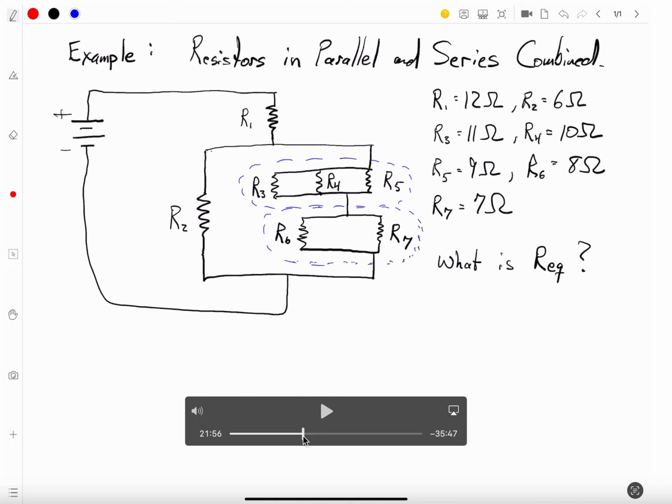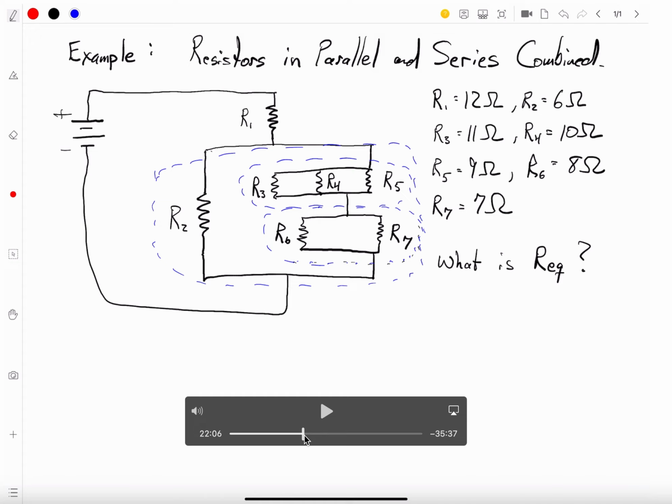So here we go. We've got R3, R4, and R5 that are going to be one R_EQ, R sub 3-4-5, or R3 to 5, whatever I wrote, I can't remember. And then we've got the other one, R6 and R7. Those are equivalent, or we're going to have equivalences there.